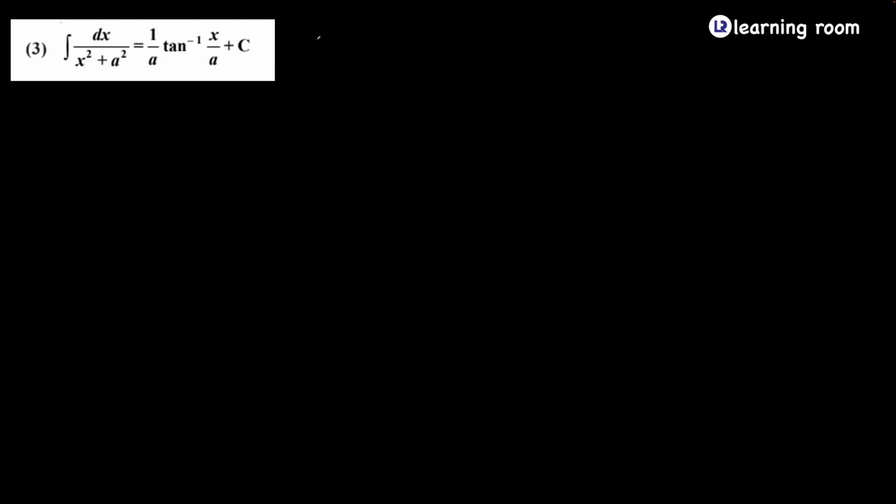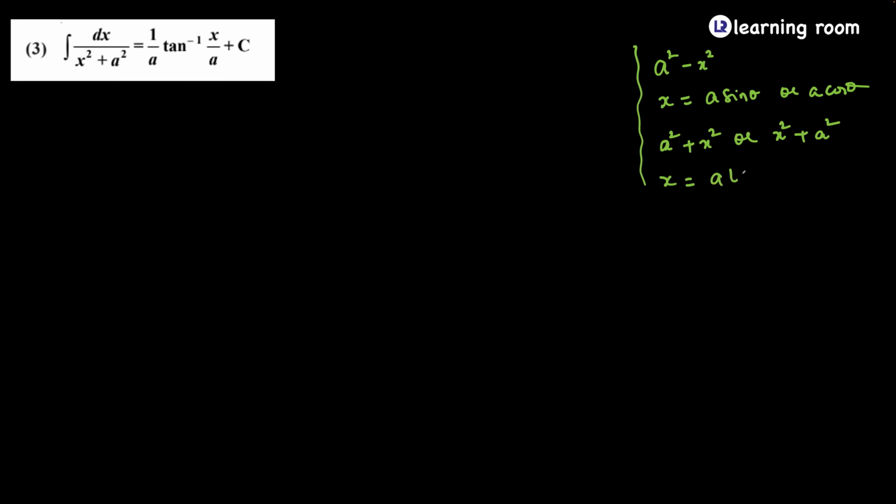is, see, generally, this is a very important observation. This we have already learned in inverse trigonometry also. I'm telling it here. Listen, if we have a square minus x square, then you can substitute the value of x as a sine theta or a cos theta. If you have a square plus x square or x square plus a square, both are same, then you can substitute x as a tan theta or a cot theta.